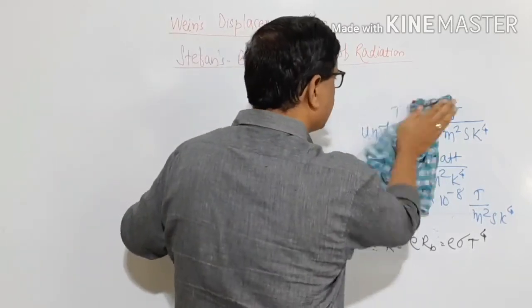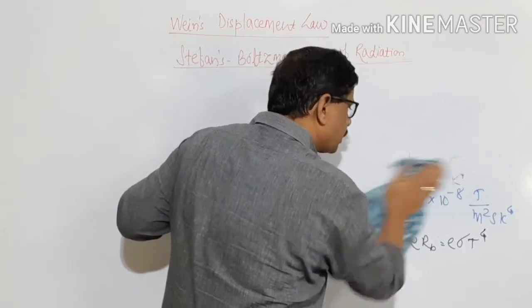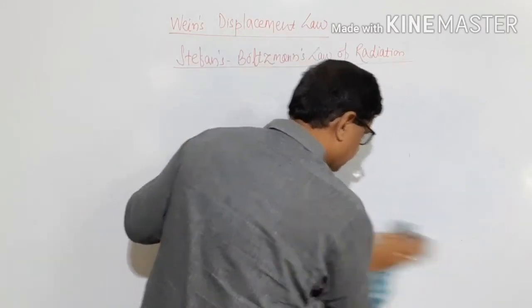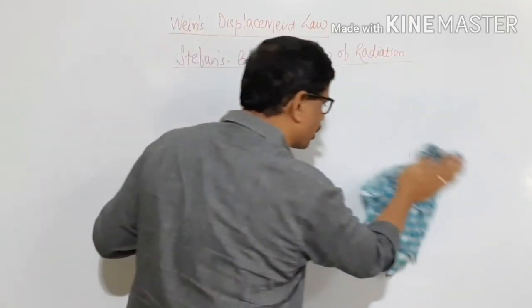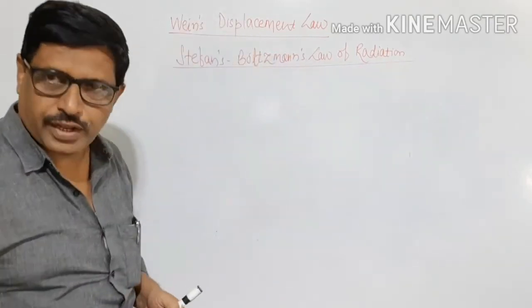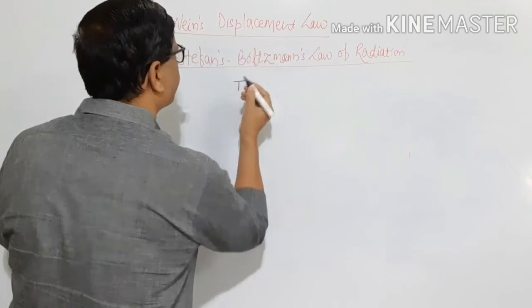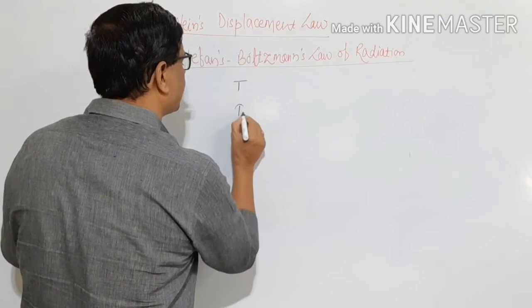Let us consider there is a body whose temperature is more than the temperature of the surrounding. Let the absolute temperature of the body be capital T. The temperature of the surrounding is T0.